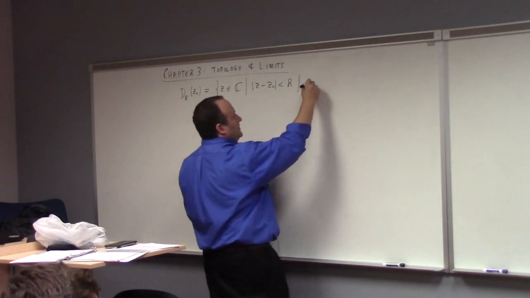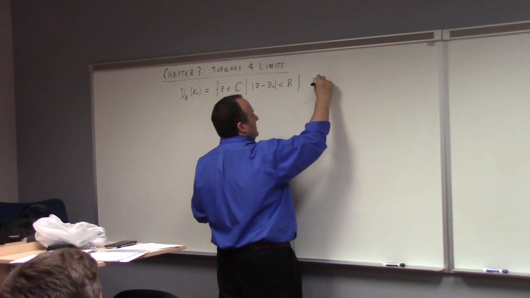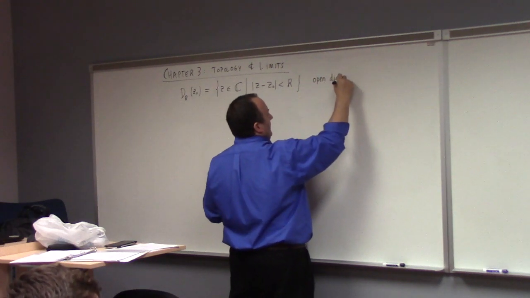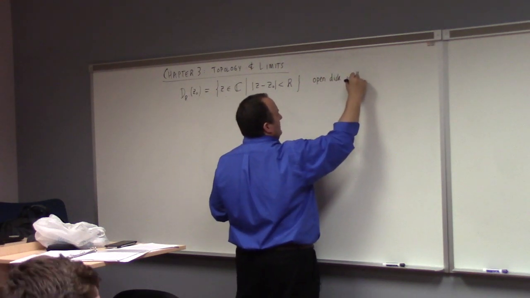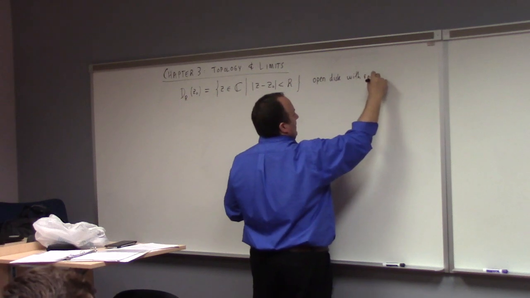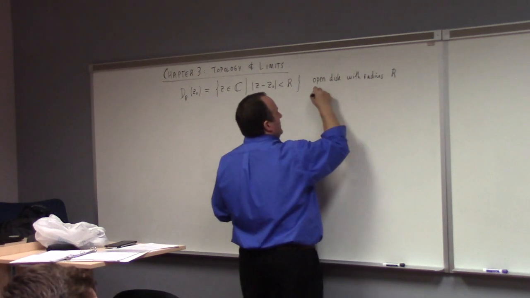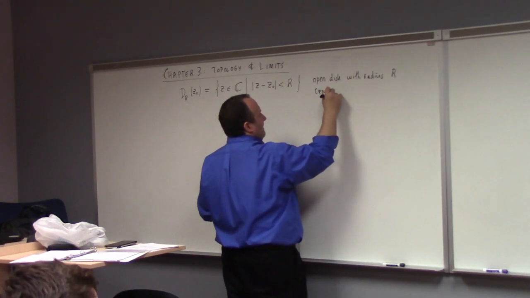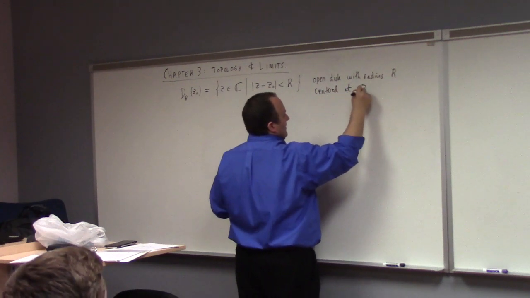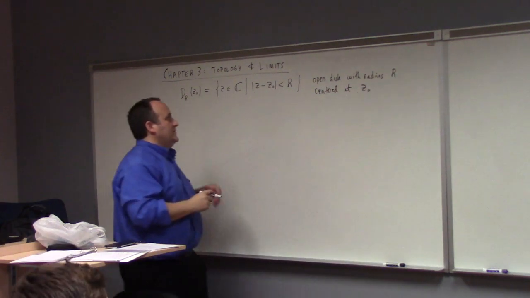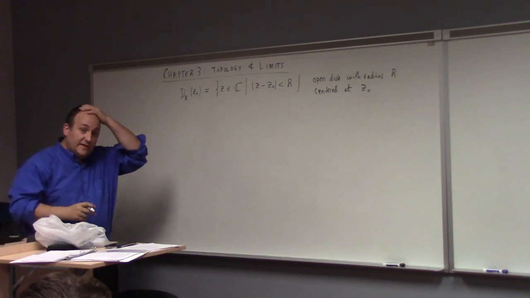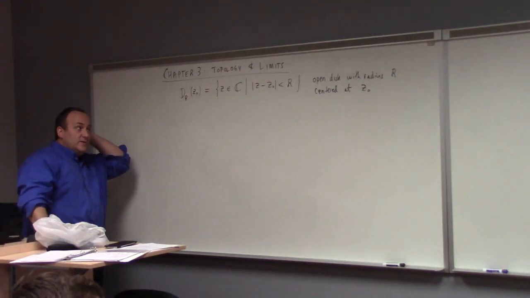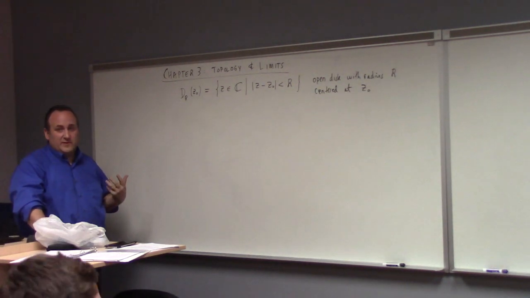In words, this is the so-called open disk with radius r centered at z naught. If you look at the definition, we're just taking the collection of z which are less than distance r away from z naught.